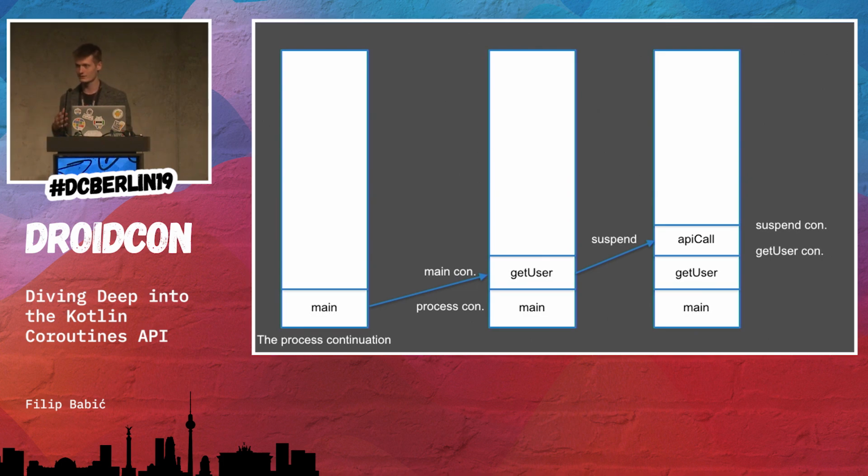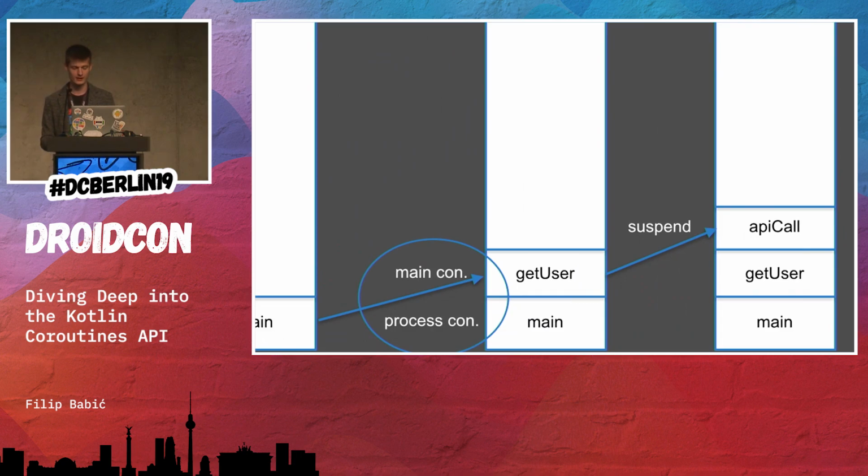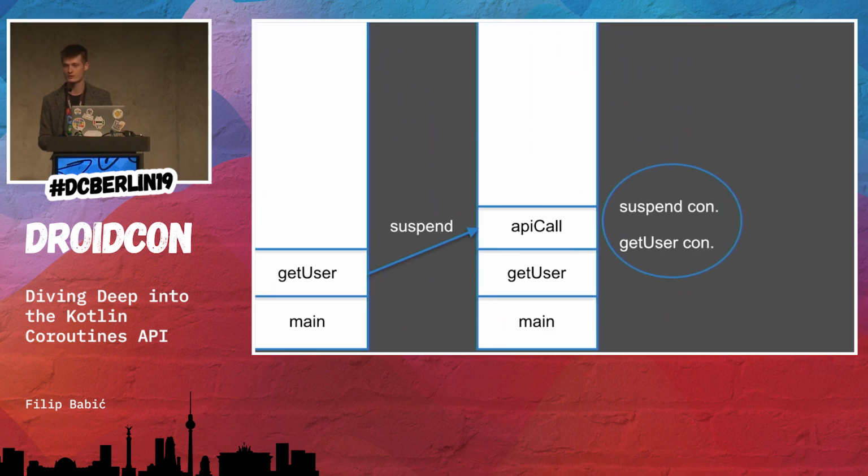After all that is done, it can simply take that result and pass it down to the getUser continuation, which can be passed down to the main continuation and the process itself. And as I mentioned, regular functions have the continuations within themselves, but suspendable functions have two continuations which handle the function itself and the suspend part of the function.